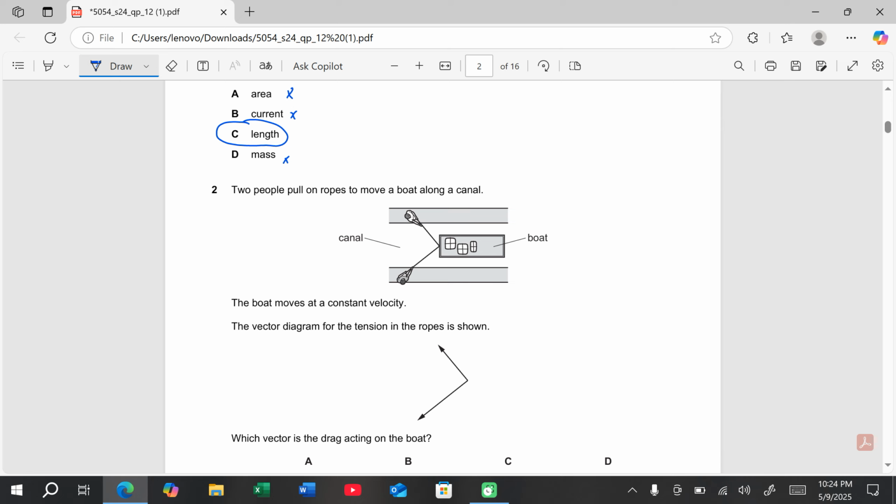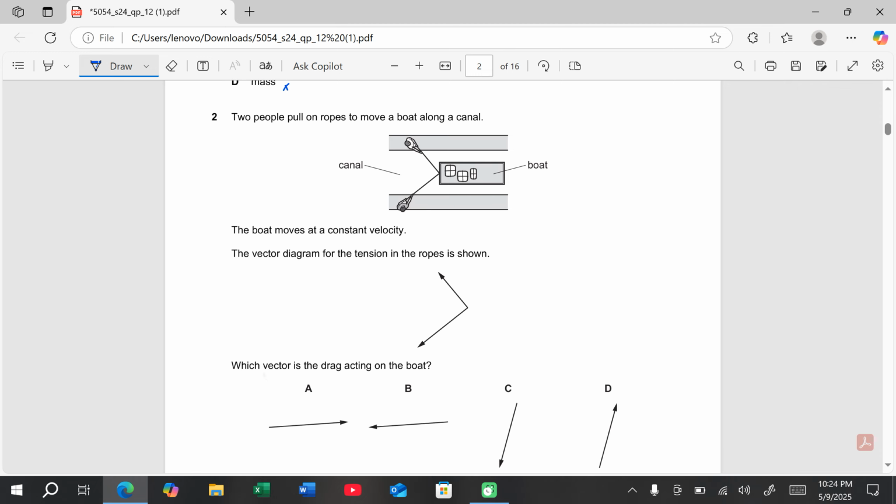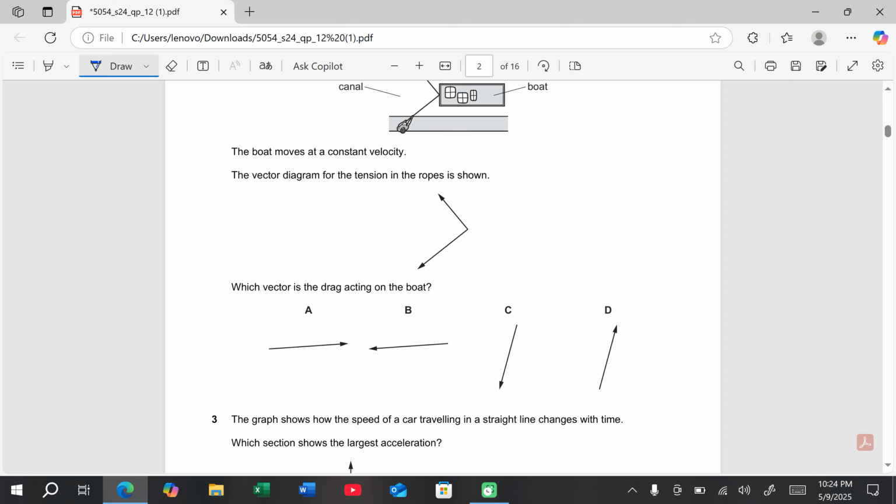Two people pull on a rope to move a boat along a canal. The boat moves at a constant velocity. The vector diagram for the tension of the ropes is shown. Since it's a constant velocity, we need to see which vector is the drag acting on the boat.